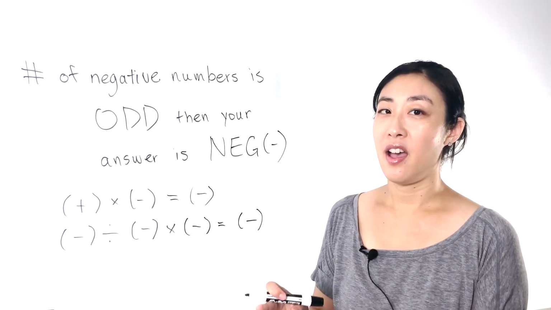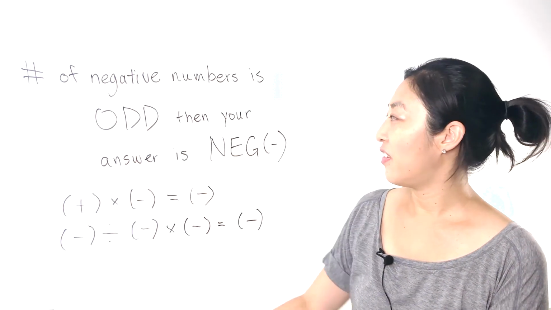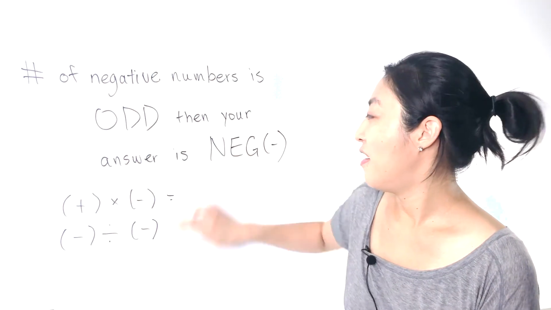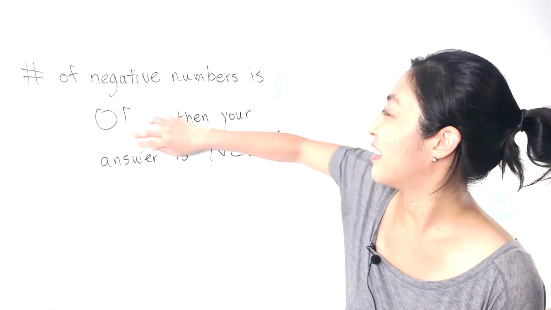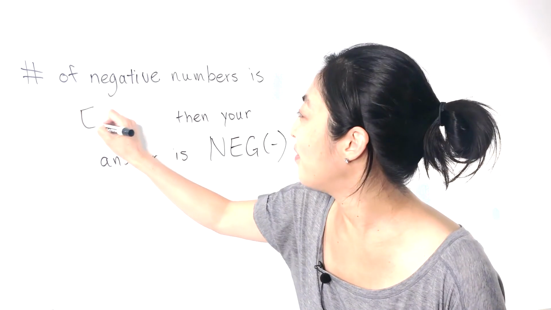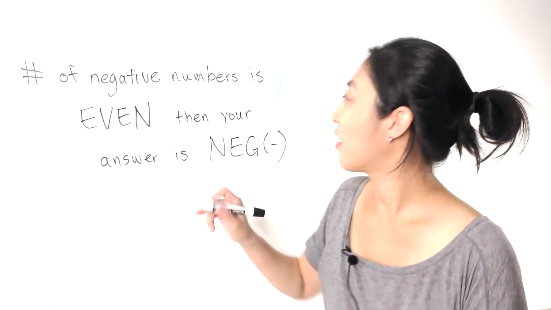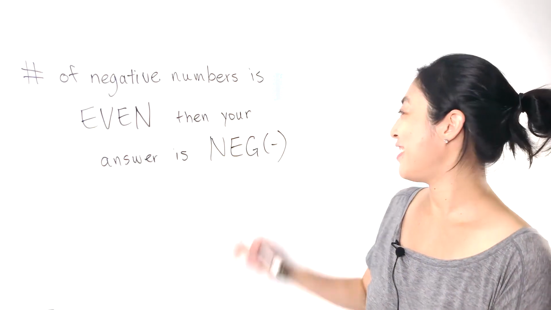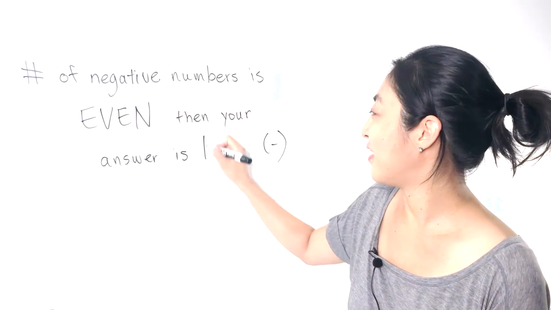Now the opposite is true. If the number of negative numbers is not odd, but it's even, then your answer is positive.